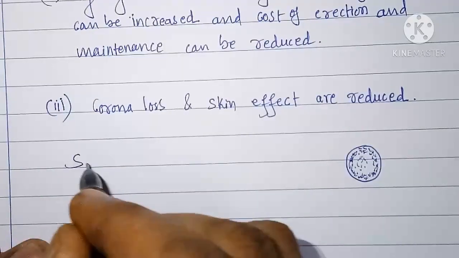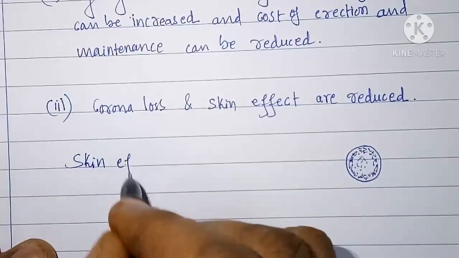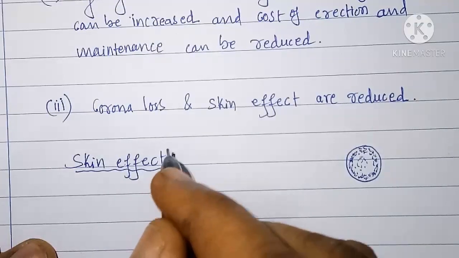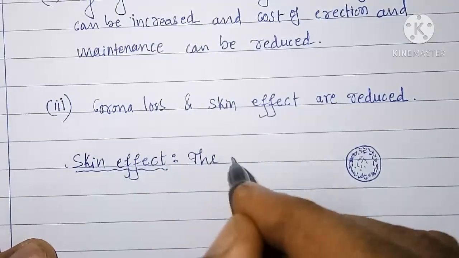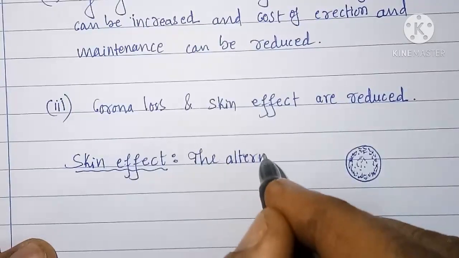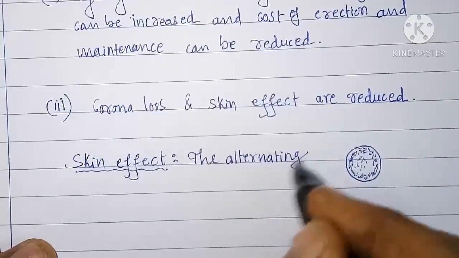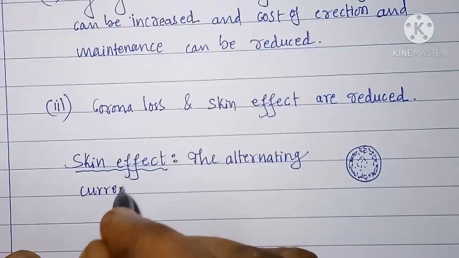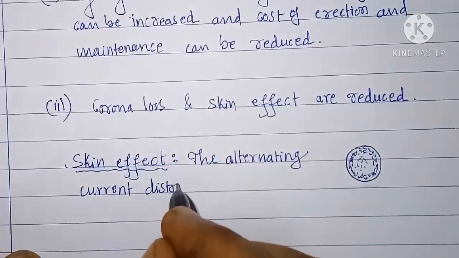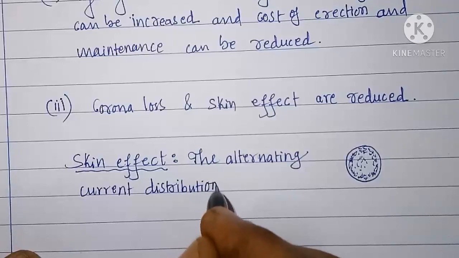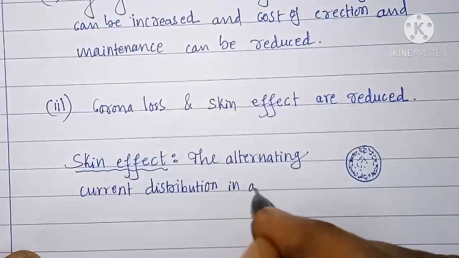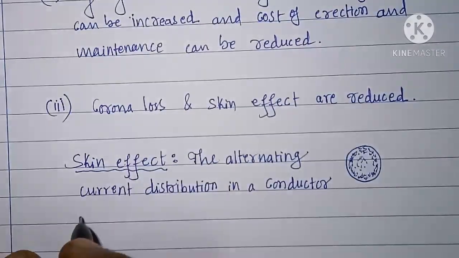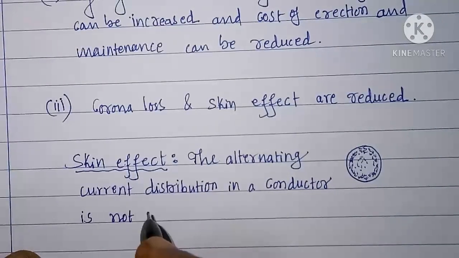So you just note down the definition of skin effect. The alternating current distribution in a conductor is not uniform.